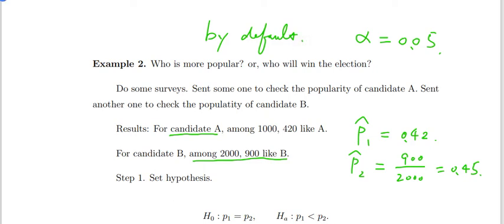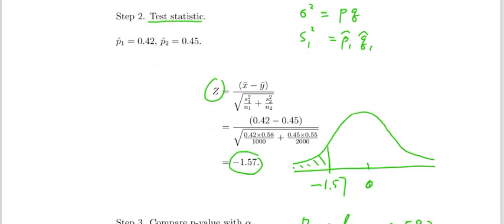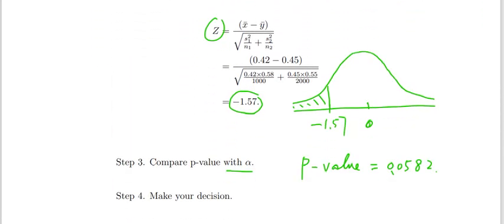So we compare with 0.05. The p-value is larger than 0.05, which means this p-value is not so small. So this 1.57 is not so big, it's close to 0.